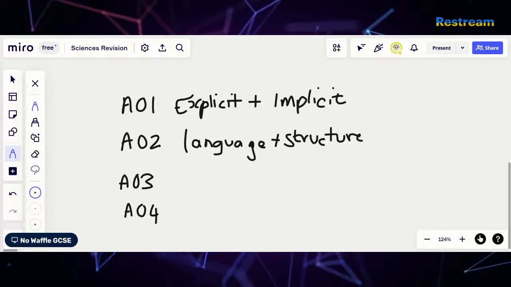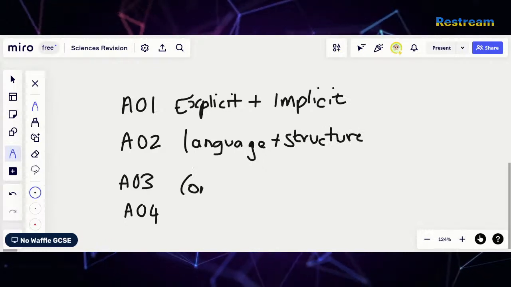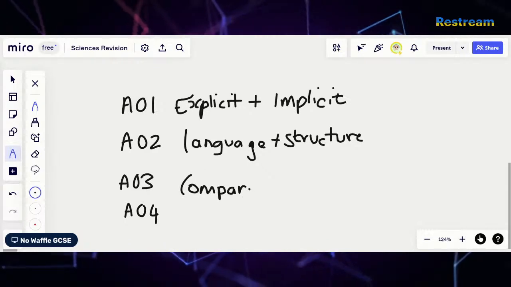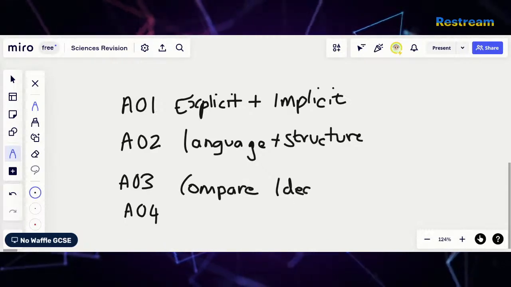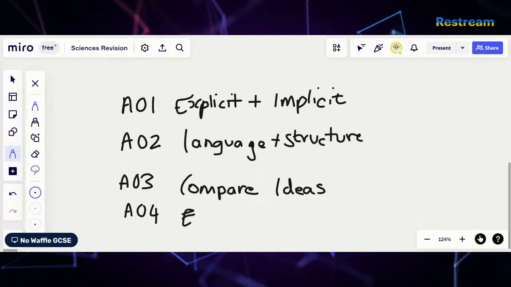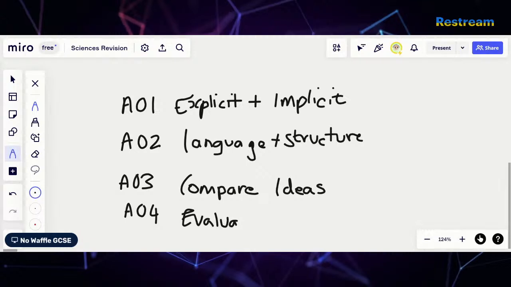Now, AO3 is about being able to compare writers' ideas and perspectives. And AO4 is being able to evaluate texts critically.